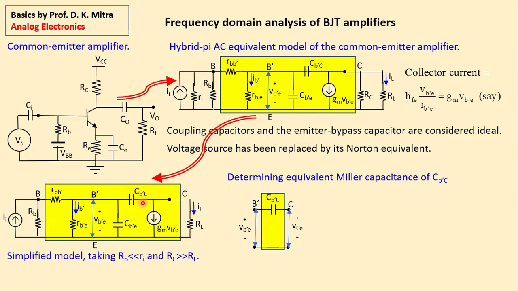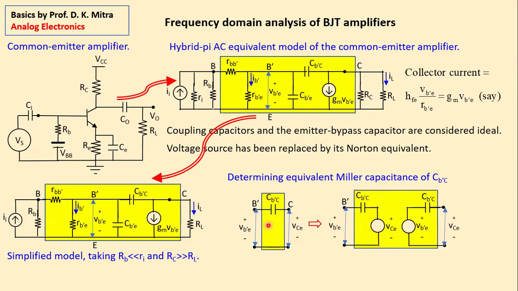Look at capacitor CB'C. What is the potential on the left hand side? VBE. And what is the potential on the right hand side? VCE, the collector emitter voltage, right? So this is no problem. This is correctly reflected here, you agree? If so, then it can be replaced by a two-port network.